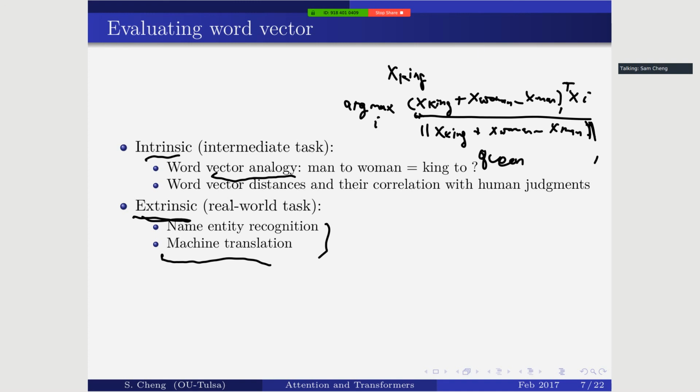You can just test it on a dataset automatically and then compute the score of how good or bad your word vector is. This is another possible intrinsic test, trying to see the correlation of two words.